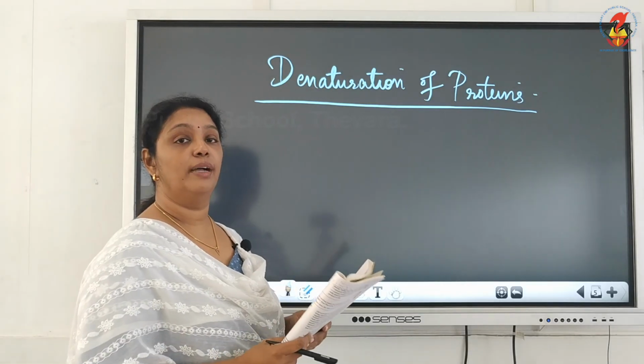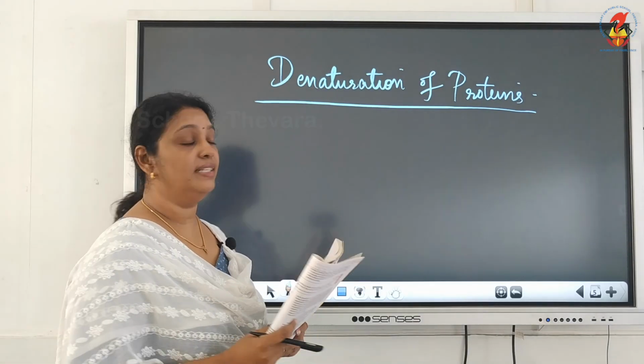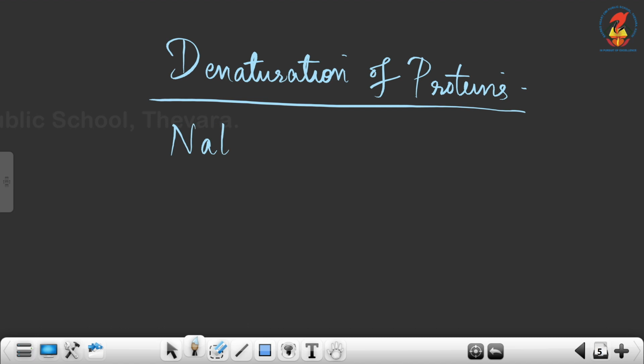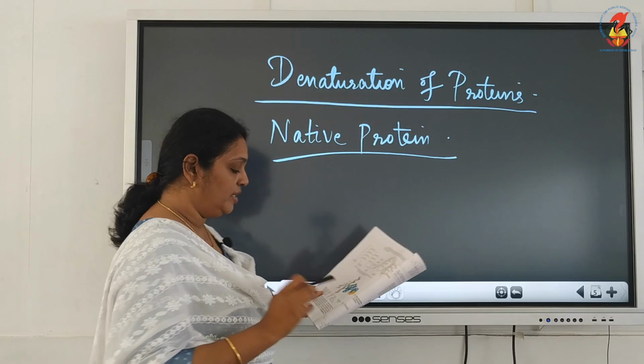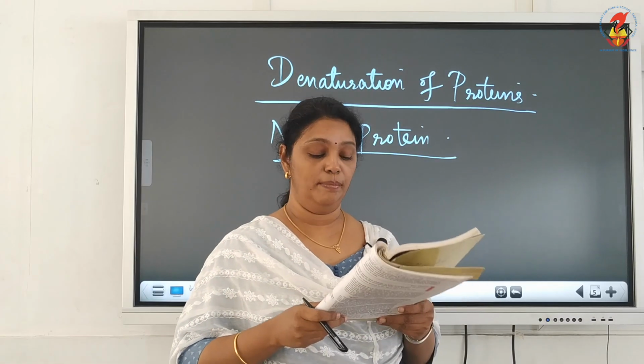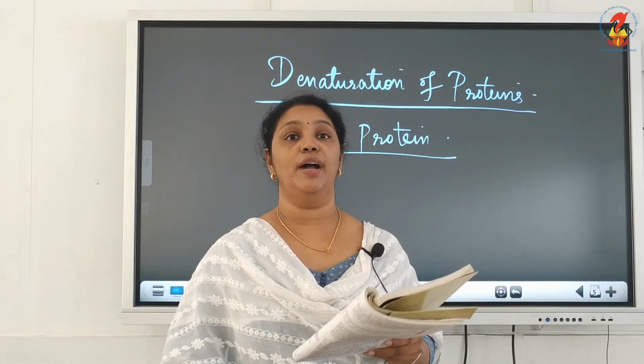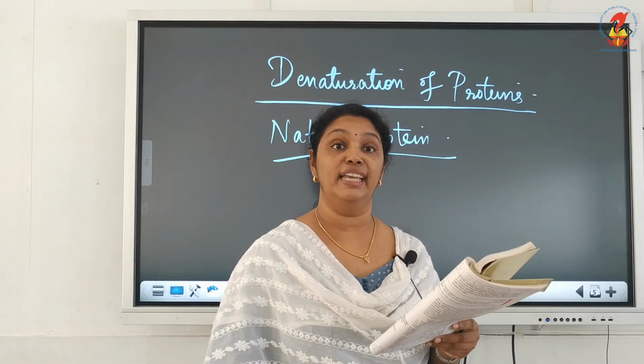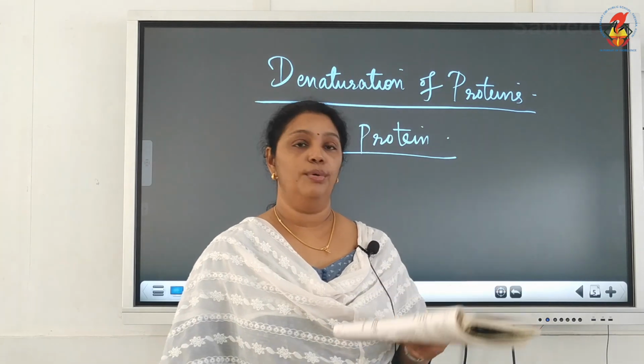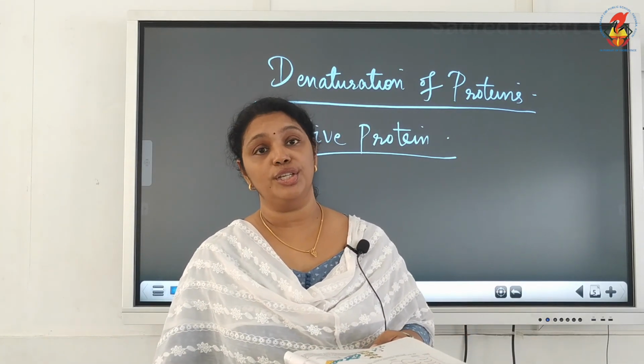Now, before we come to denaturation of proteins, let us see what you mean by a native protein. Native protein means proteins found in a biological system with a unique 3-dimensional structure and biological activity. Now, what do you mean by denaturation of protein?